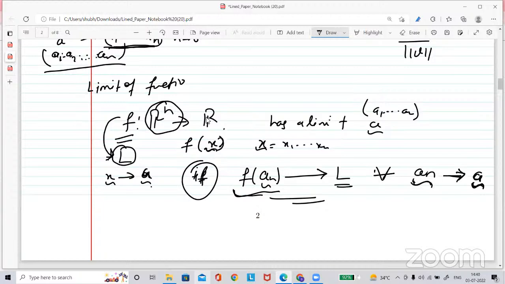This is what we just talked about, a sequence in Rn to R.